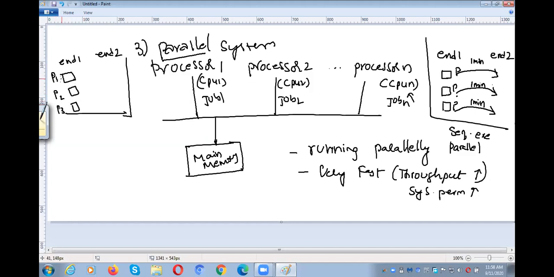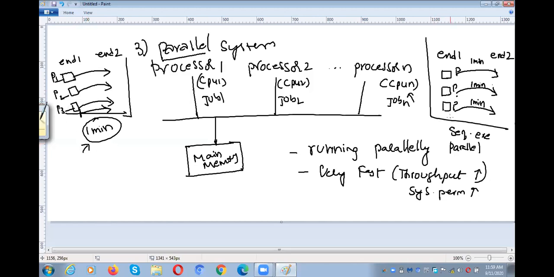All 3 persons start at the same time and carry the sugar from this end to this end. So how much time will it take to carry a total of 30 kg of sugar? 1 minute. Why? Because all will take 10 kg each and move to the other end in a minute. So the job is over within a minute.